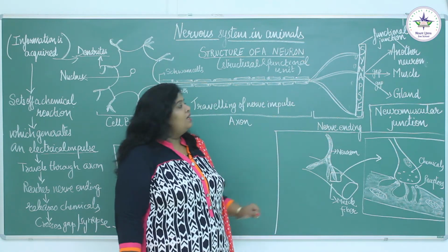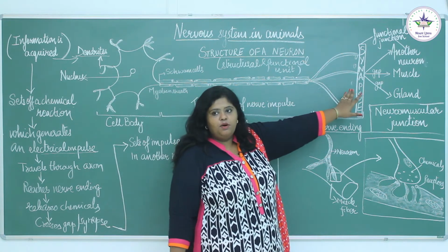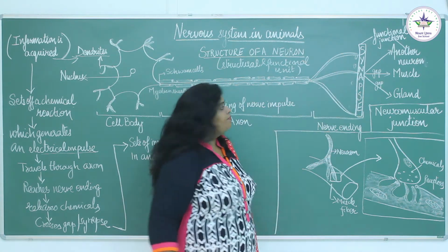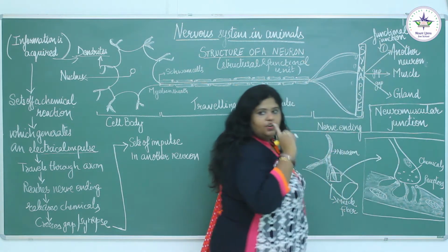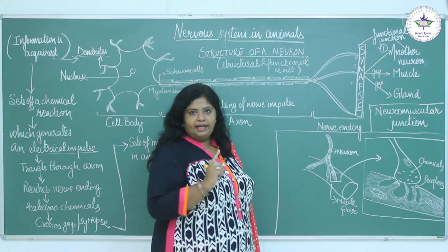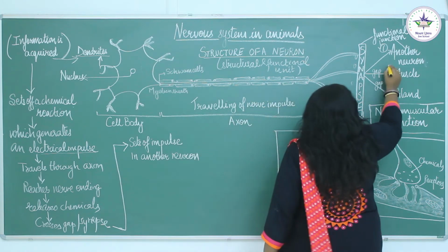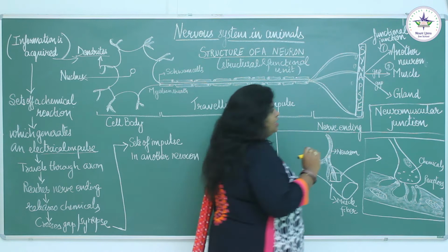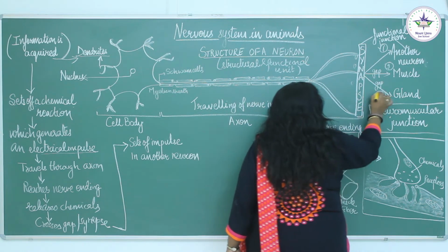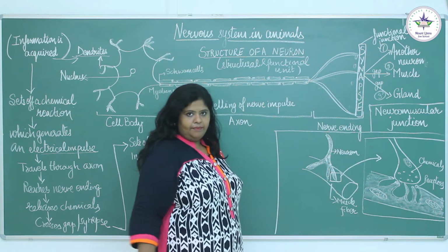Now, there are three possible endings of a nerve ending. A nerve ending can end on another neuron. A nerve ending can end on a muscle. A nerve ending can end on a gland. So these are the possible three endings of a nerve ending.